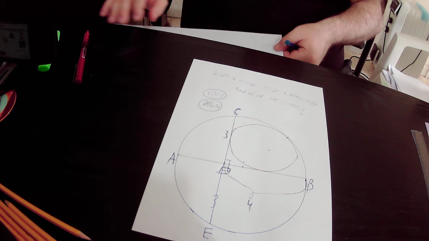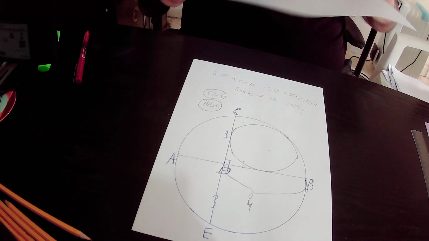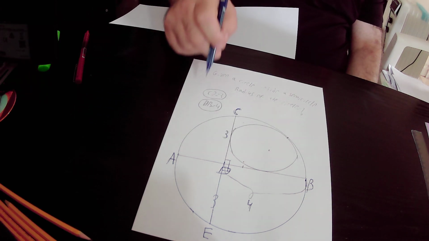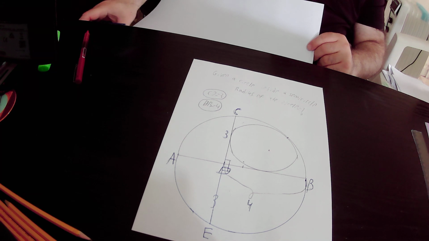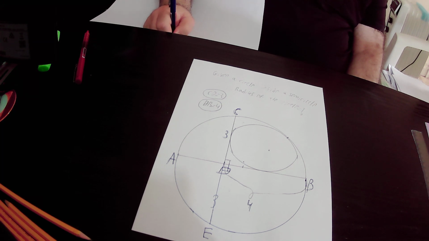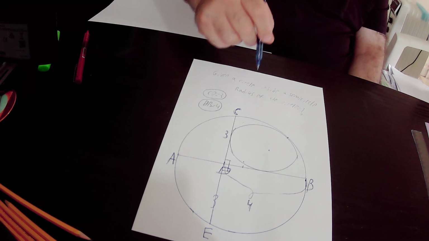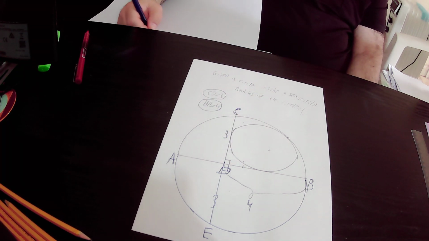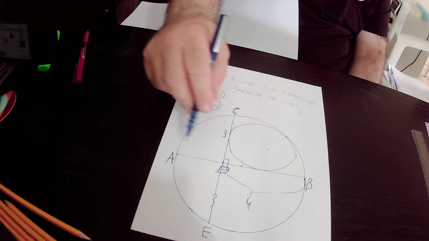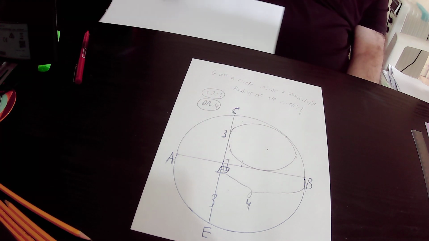In our original drawing, chord AB intersects with chord CE at point D. Okay?